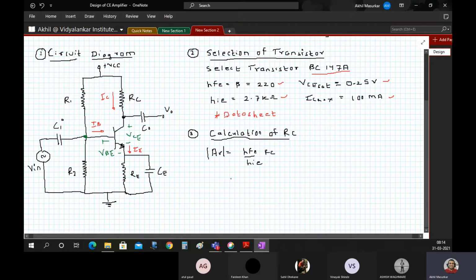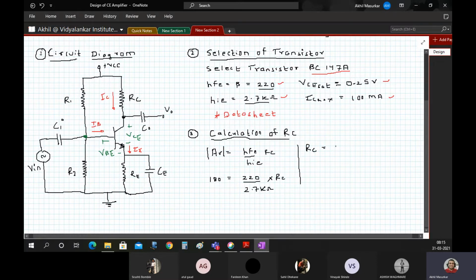HFE is equal to 220, that is given in the problem, and HIE is 2.7 kilo ohms. AV is given to us as greater than or equal to 180, so we will take it as 180, and into RC. So what will that give me?